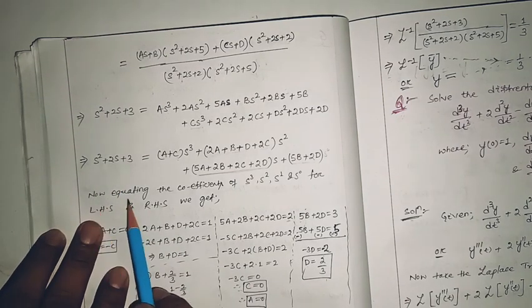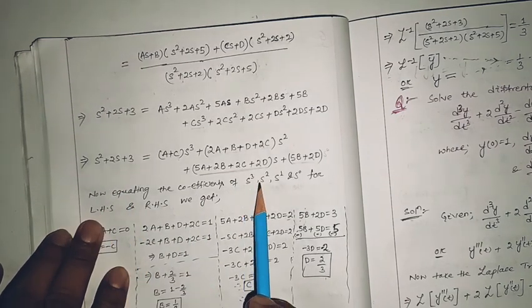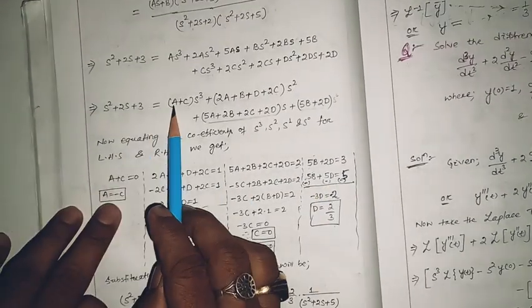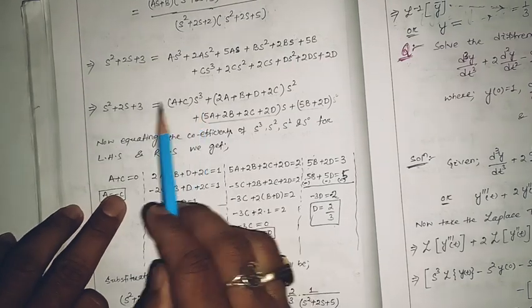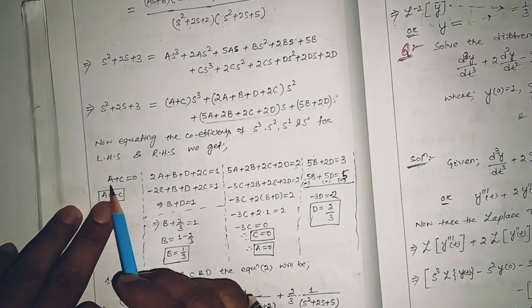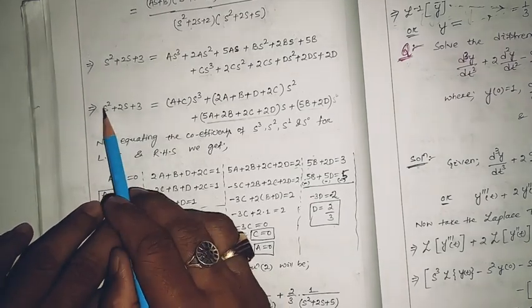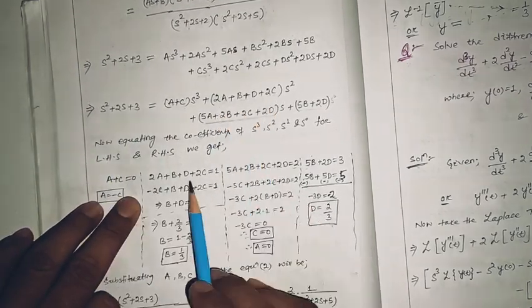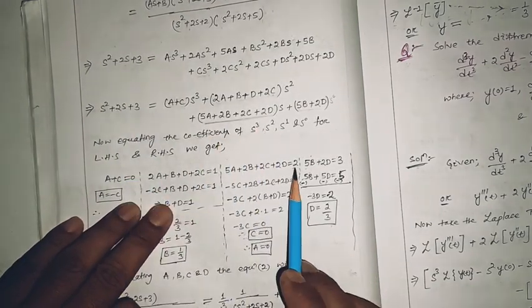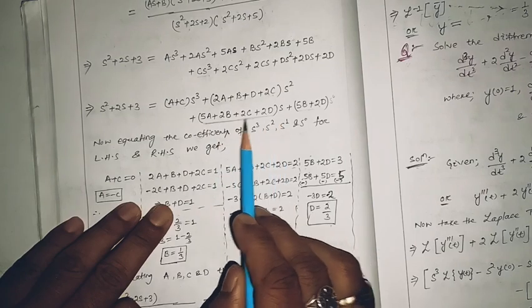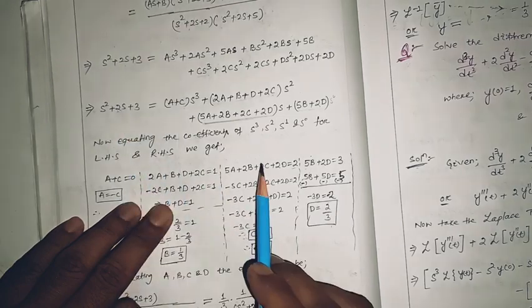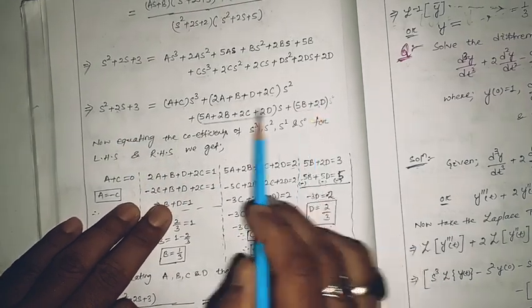So now equating the coefficients of s cube, s square, s to the power 1, s to the power 0 for LHS and RHS, we get a plus c will be 0, because here s cube is there but on this side the s cube term is not there. The s square coefficient is 1, so this one will be equal to 1. The s coefficient is 2, so this much will be equal to 2, and the constant is equal to 3.